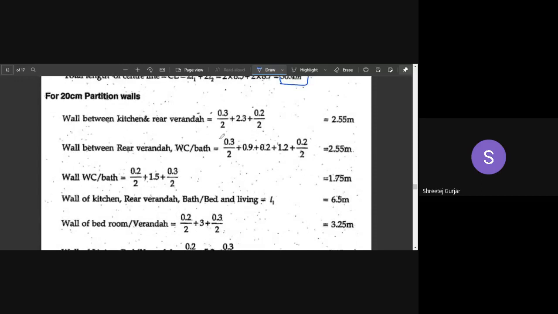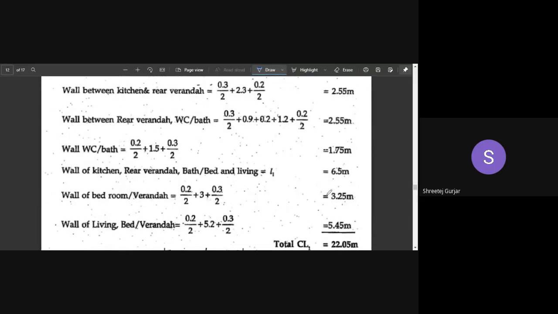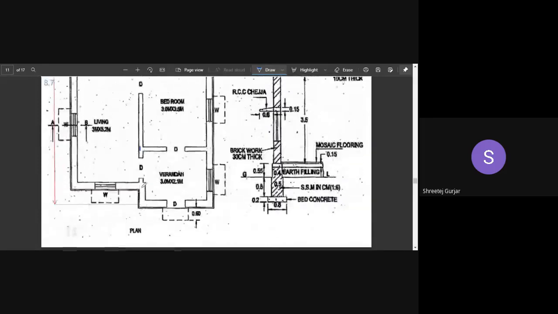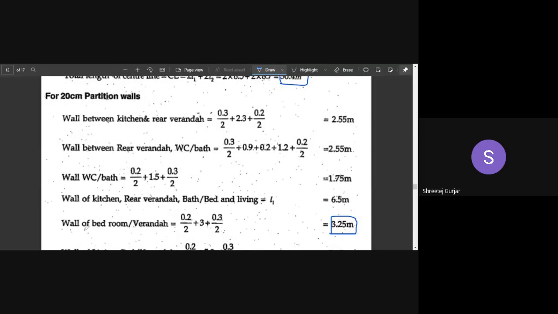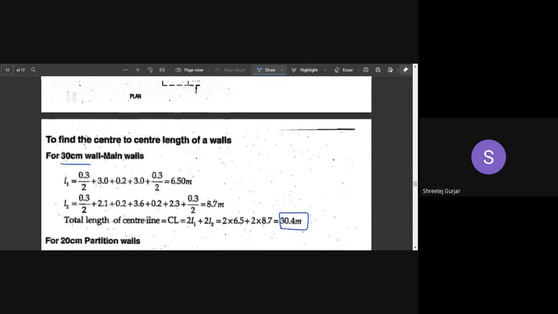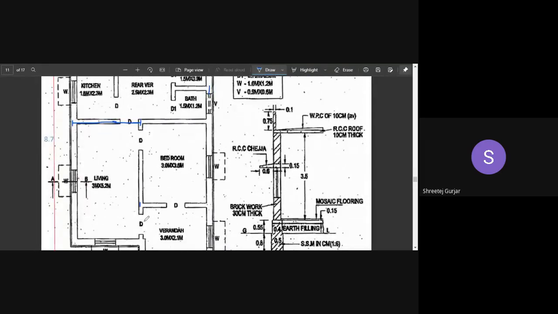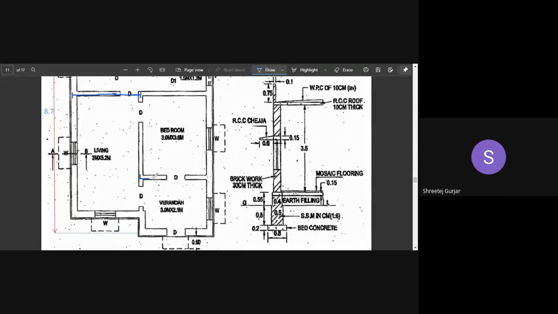So 3.25. You can see it is 3.25 here. That is what we are calculating, this center to center length. We have calculated this length already in your previous calculation part, that is here. You can see wall between bedroom and veranda, so it is nothing but this thing. This is also 3 meters in width, right?